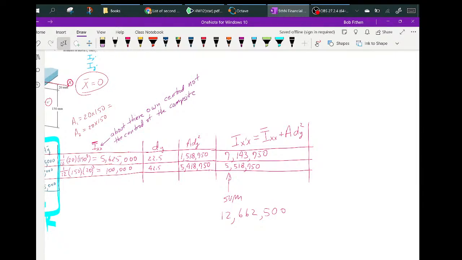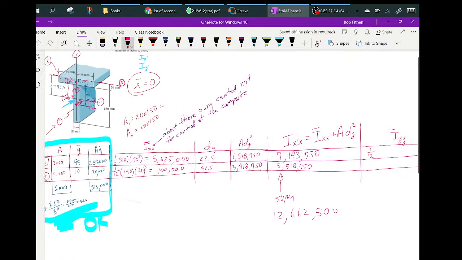Now, I don't like that color. YY, which in this particular case is 1/12. Now the base, let's look at this thing. So here's what happens.